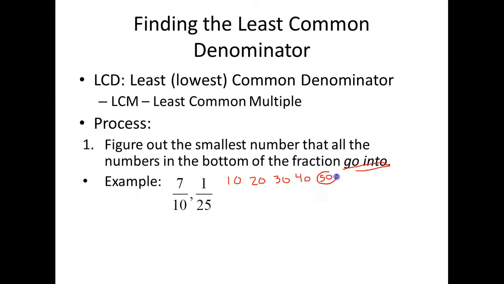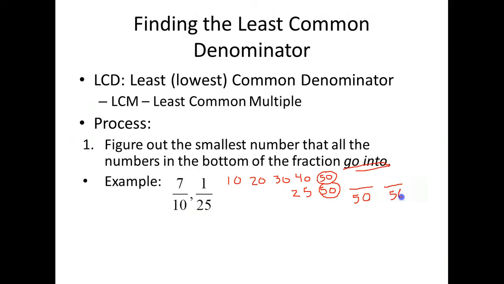Hey, I know 50 is the smallest number that they both go into. 25 goes into 50 and 10 goes into 50. So that is my least common denominator, 50. So I have something over 50, and I have something over 50.